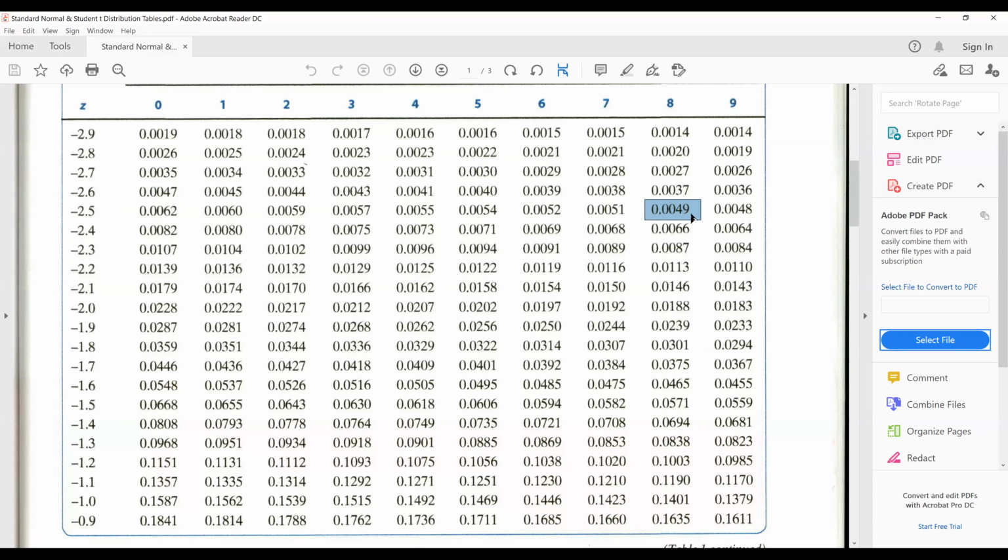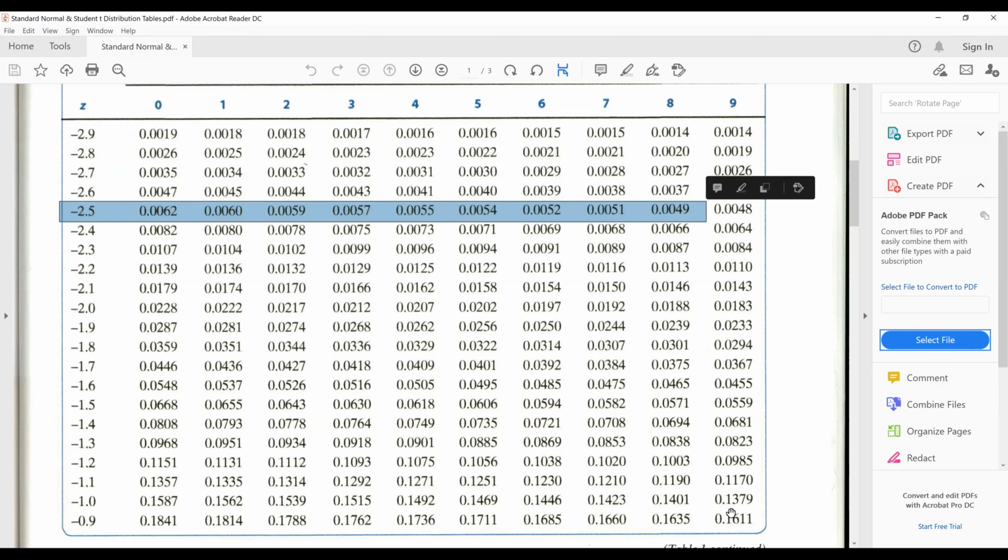And then the z that corresponds to that number is minus 2.58. Am I clear? Yes.